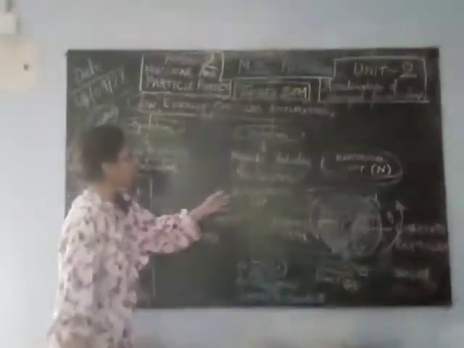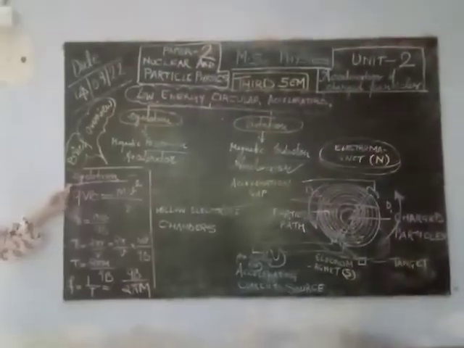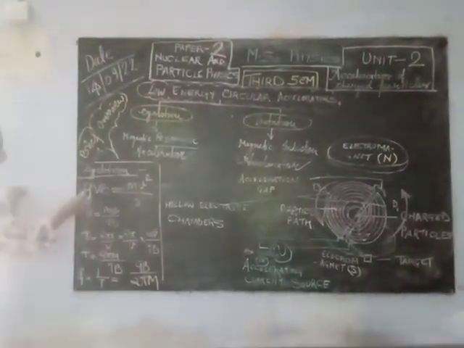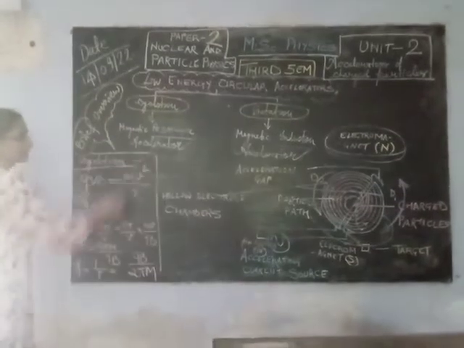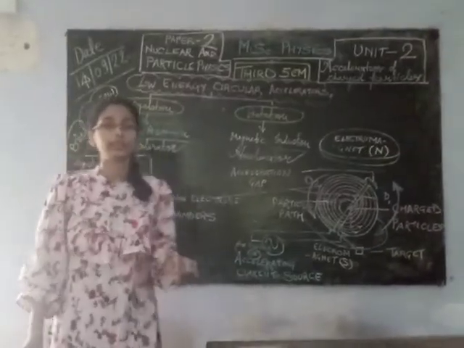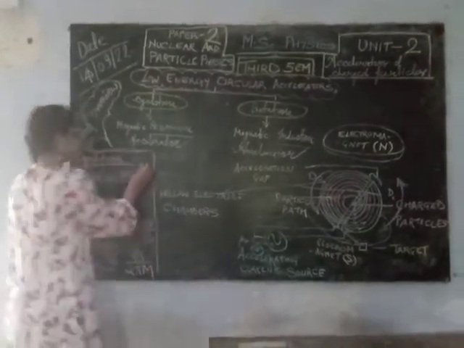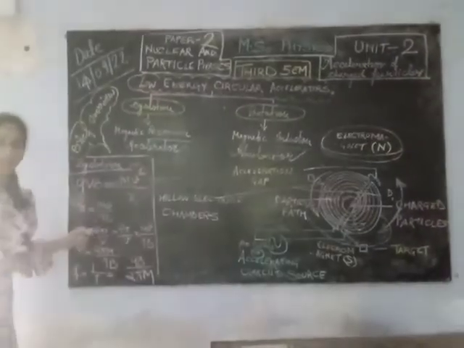Okay students, this is a brief overview of the cyclotron. The principle is based on the centripetal force, the formula mv square by r.